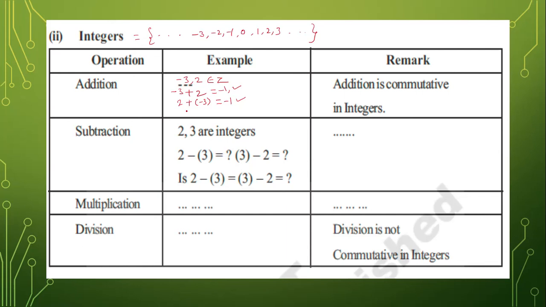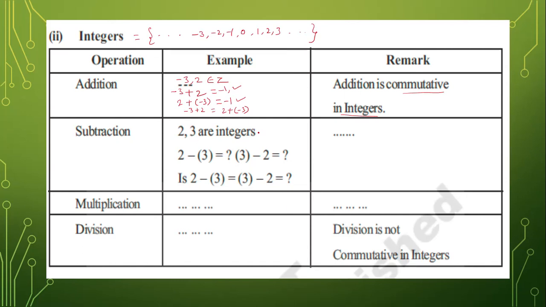Hence you may write minus 3 plus 2 is equal to 2 plus minus 3. Both results are the same. Hence we conclude that addition is commutative in integers.